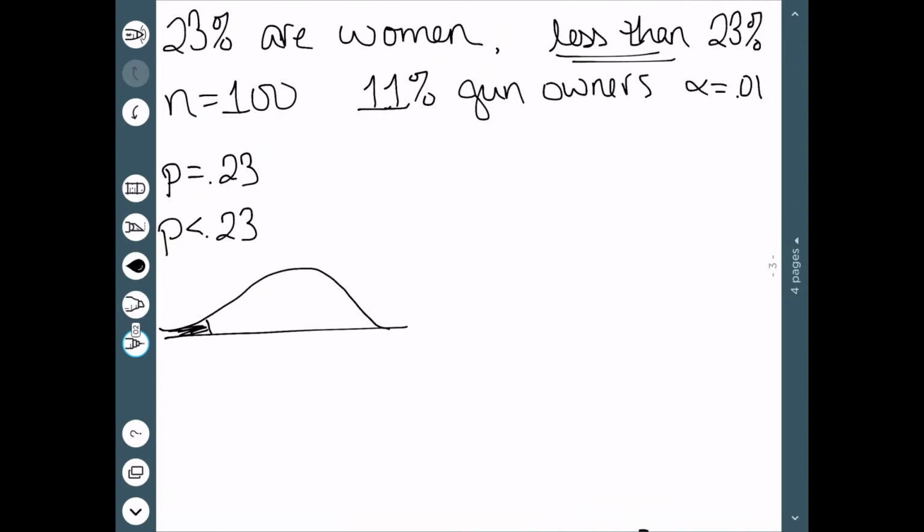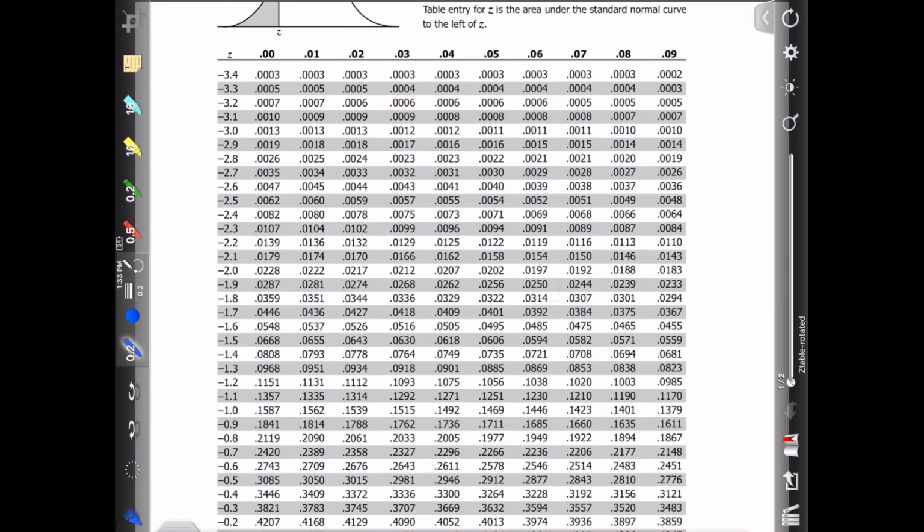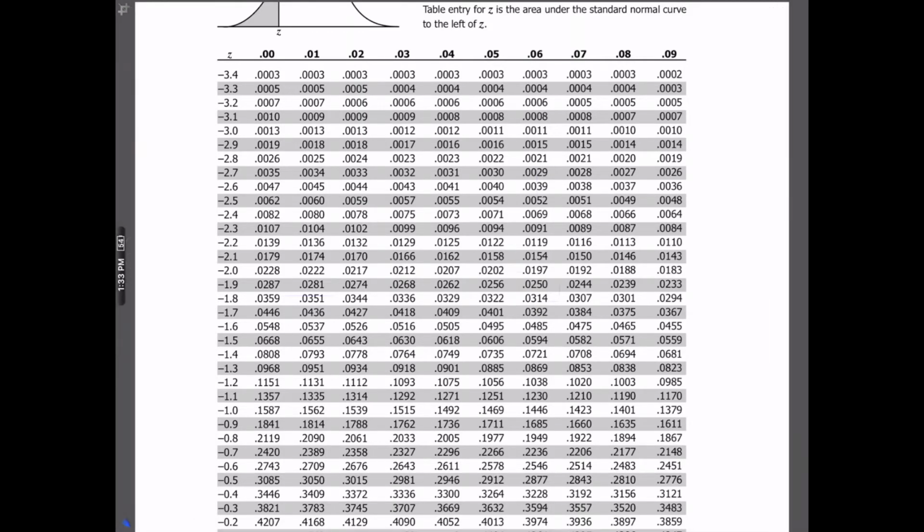So now let's go to the z-table. We need to find 0.01 in the center of this table, and the closest we can get is this 0.0099, which is negative 2.33.